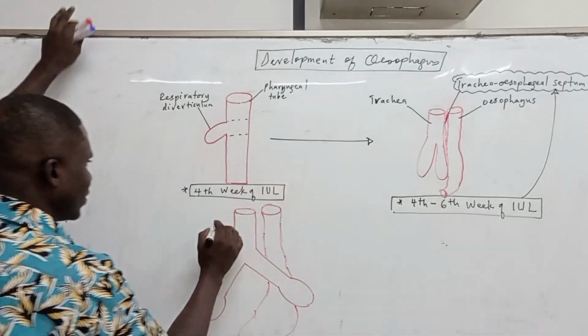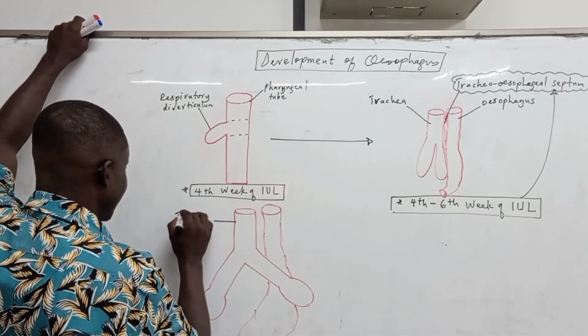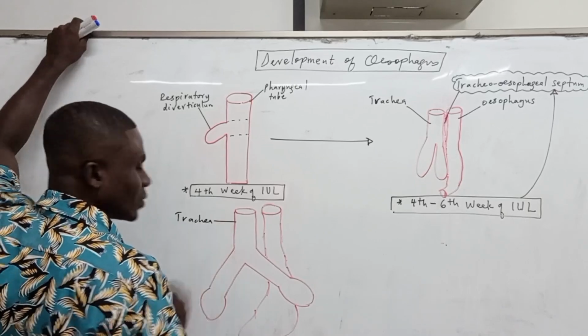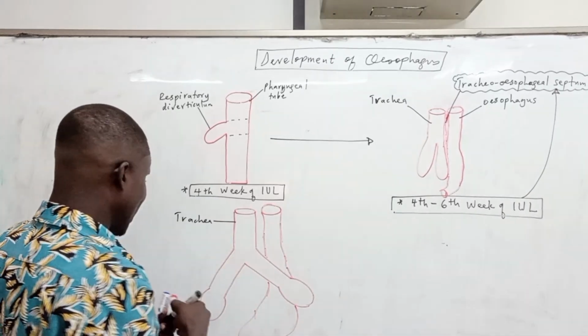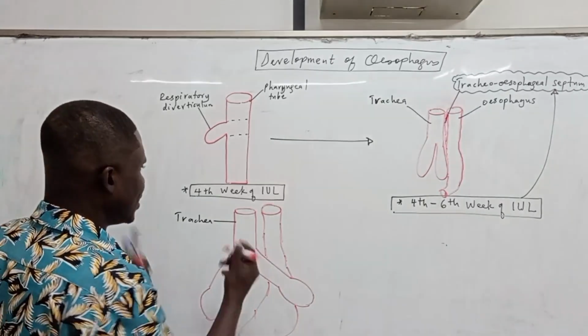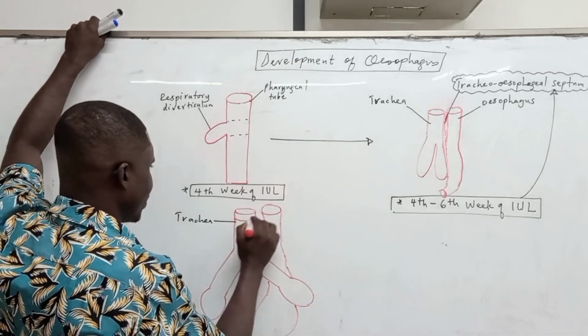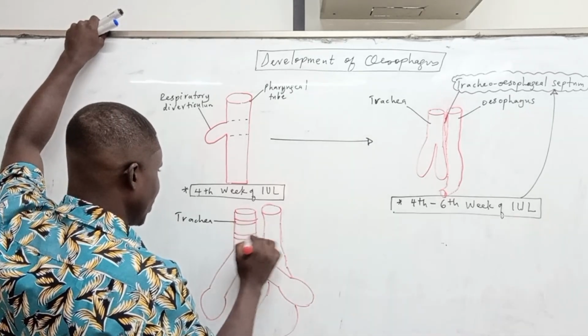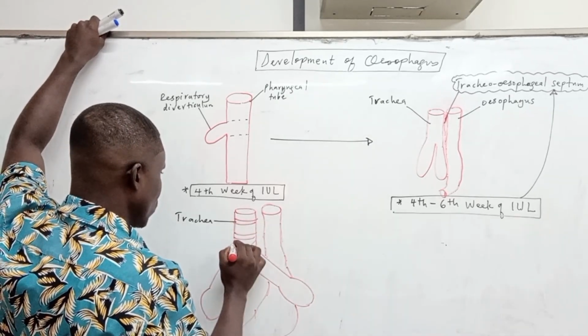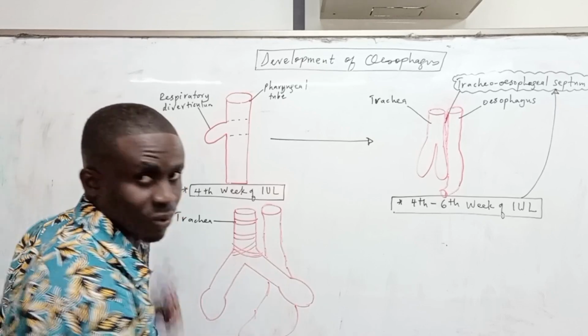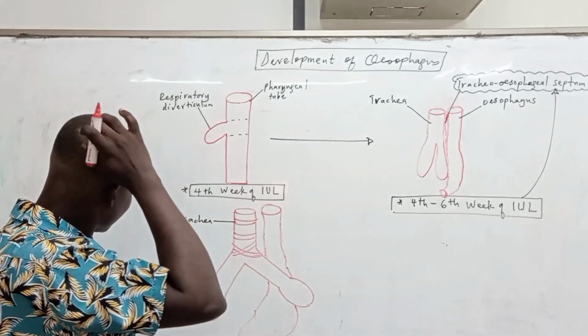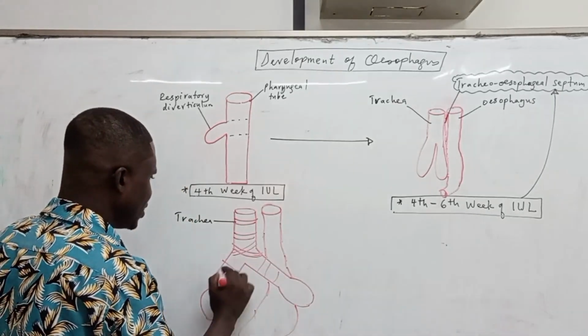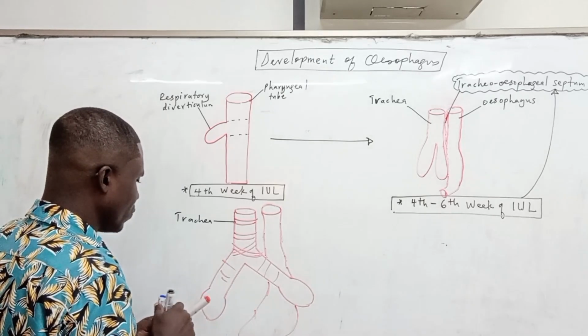For instance, I have this one to be my trachea. This time around, you'll see that there will be cartilages around, and of course all those muscles will also be around over there. That's in the trachea. And then, of course, all these bronchial buds will also develop very well.